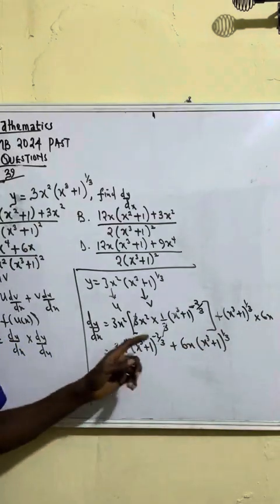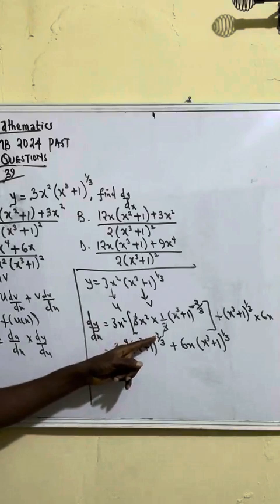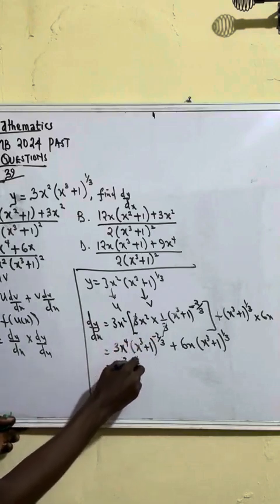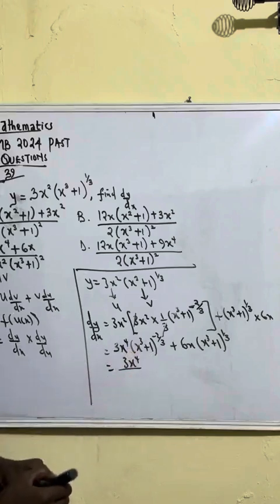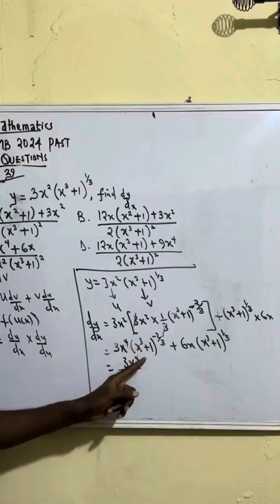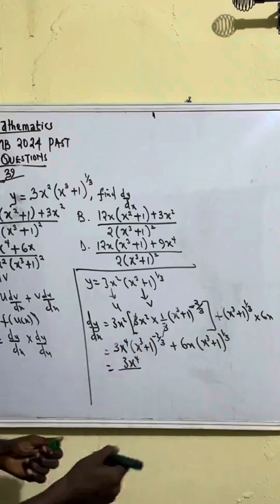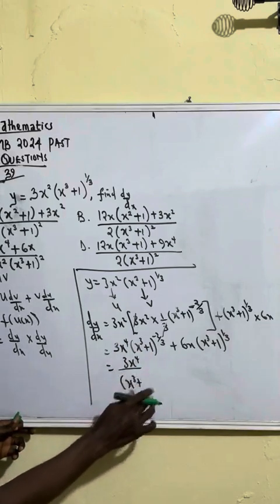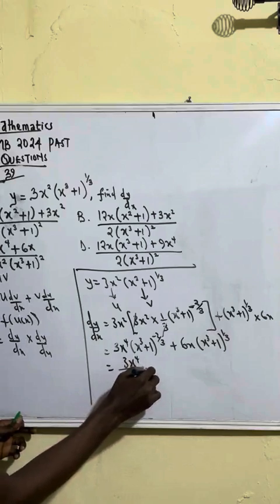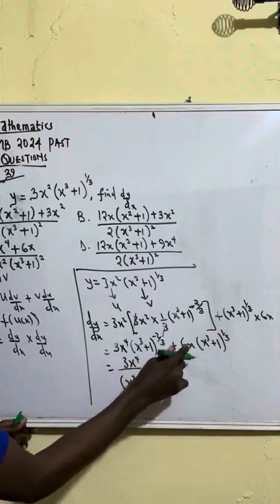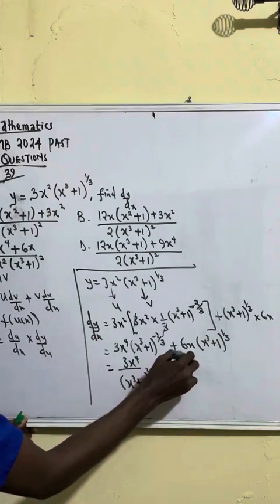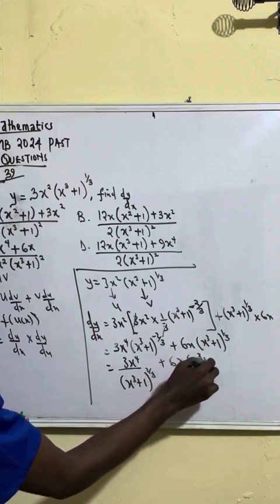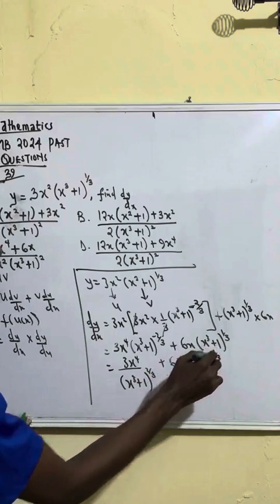Now, I can take care of the minus power to have 3x raised to power 4, all divided by (x cubed plus 1) raised to power 2 over 3, plus 6x times (x cubed plus 1) raised to the power of 1 over 3.